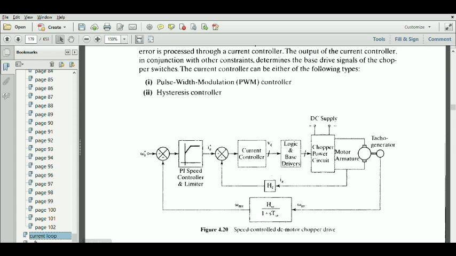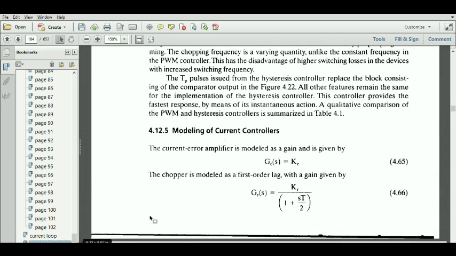For that, how will we model the current controller? First of all, for the current controller, the current error should be amplified for feeding to the system. When you get an error, it is of very little strength, and we have to increase the strength. For that, we will use an amplifier, that is a current error amplifier.